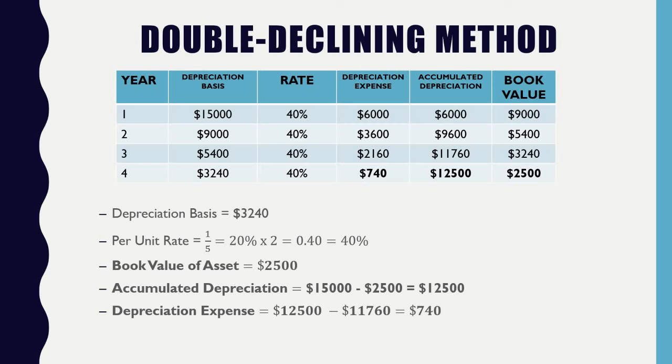So the number of years that it can last could be longer or a lot shorter. So one notion that you need to take note of is that with double declining, there is a possibility that your asset may not last its 5 years, especially if you have a salvage value. All right.